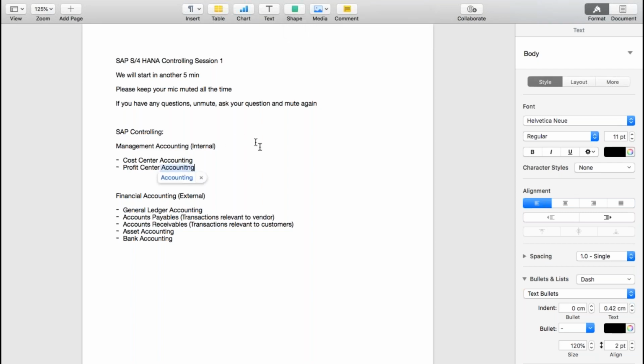Okay, in the profit center accounting, only difference is in the cost center accounting, only cost is considered. Department wise cost, if you want to know what is the cost of admin department for a particular month, what is the cost incurred by HR department for a particular month, you can go to the cost center accounting. Profit center accounting means those entities which are giving you profit also, which are giving you revenue also.